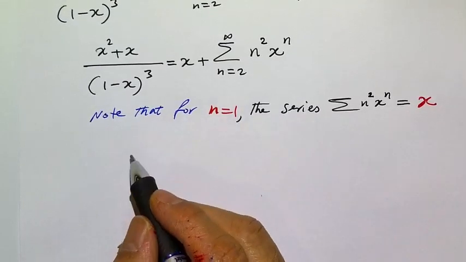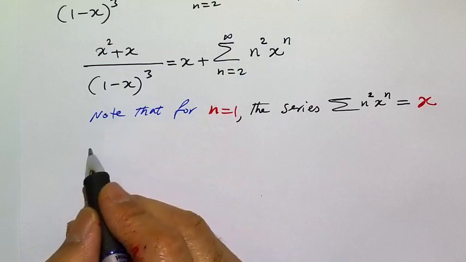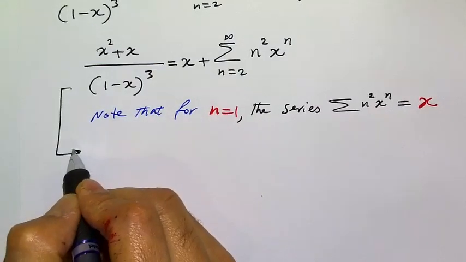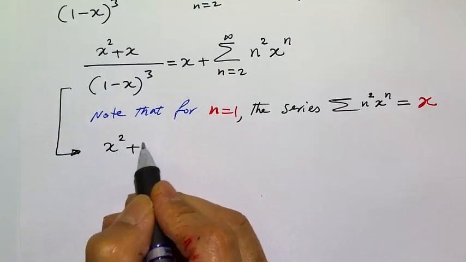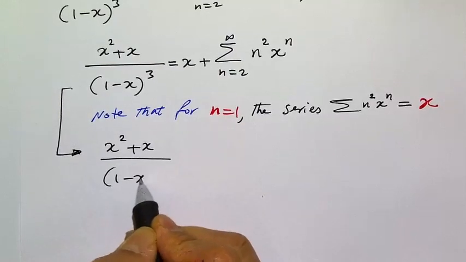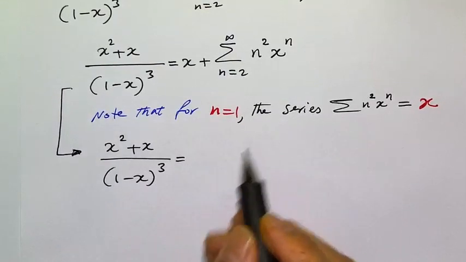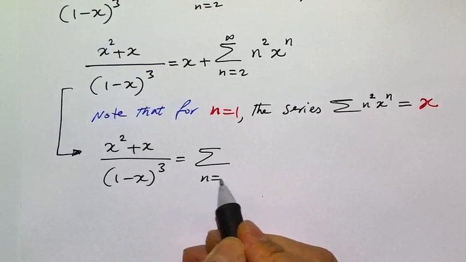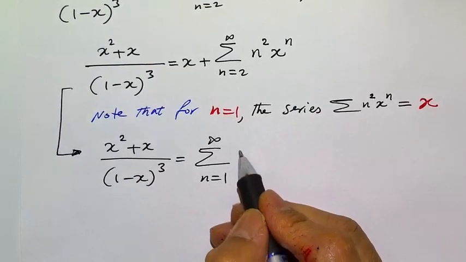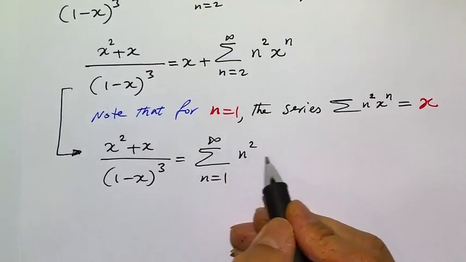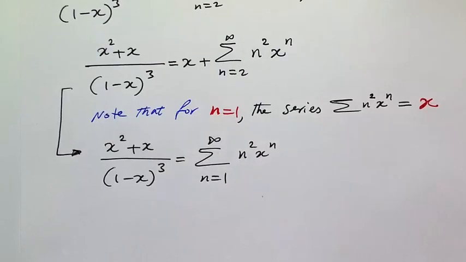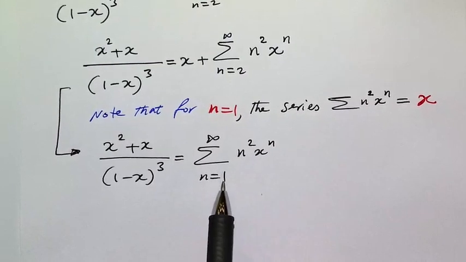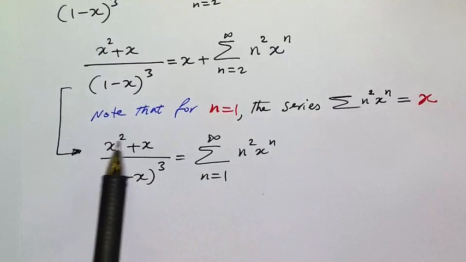Okay, thus, therefore, from there we have x squared plus x over 1 minus x cubed equals the sum from n equals 1 to infinity. And now we have our series. So this would be the power series representation of that.